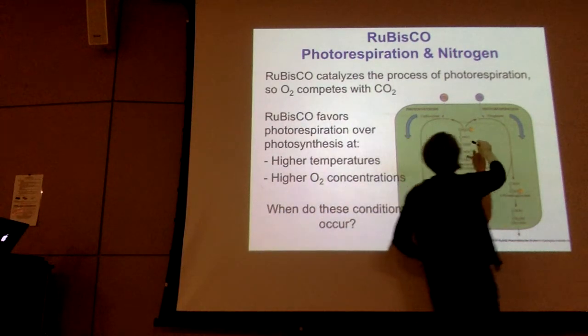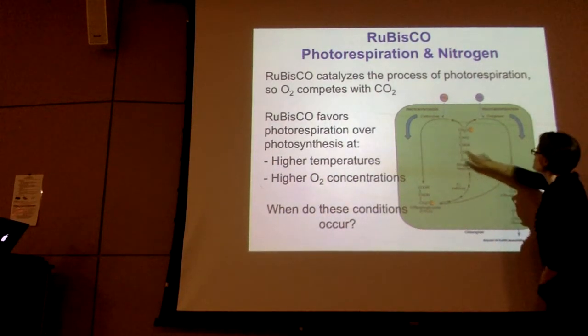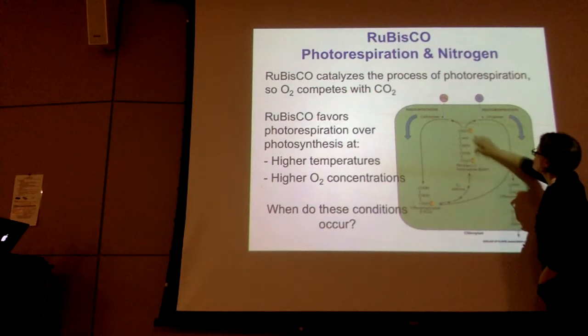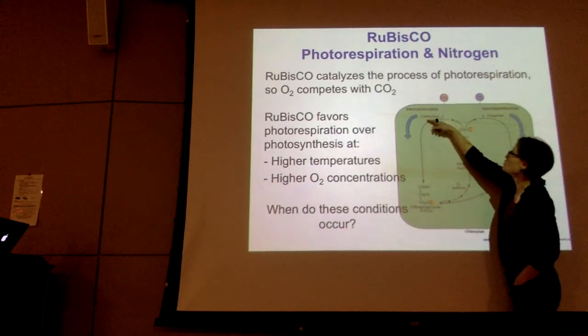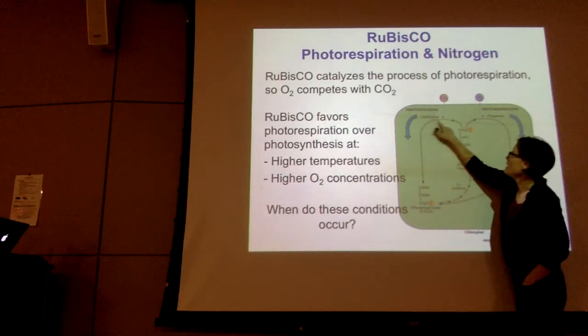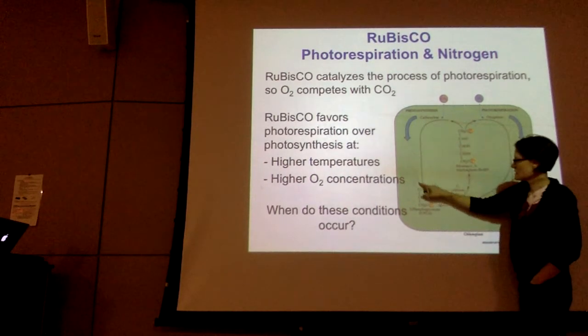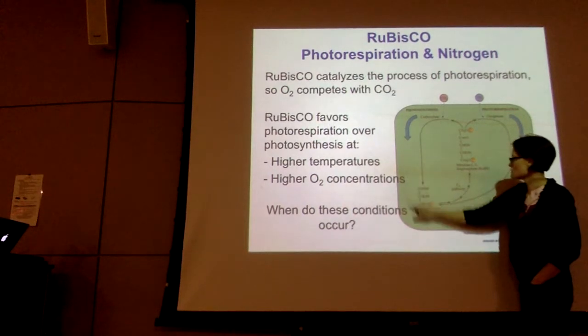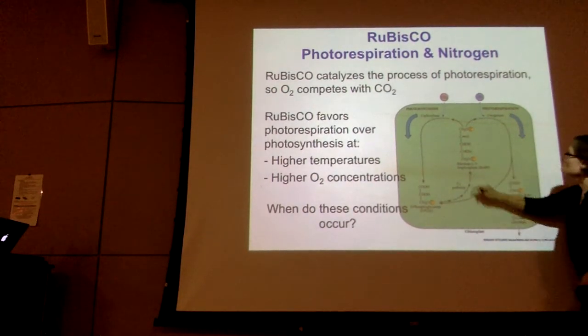this is kind of small, but here we've got our RuBP. This is that molecule that, under normal circumstances, is going to be added to CO2 by Rubisco, and it's going to become this 3-PGA, which will eventually make sugars.